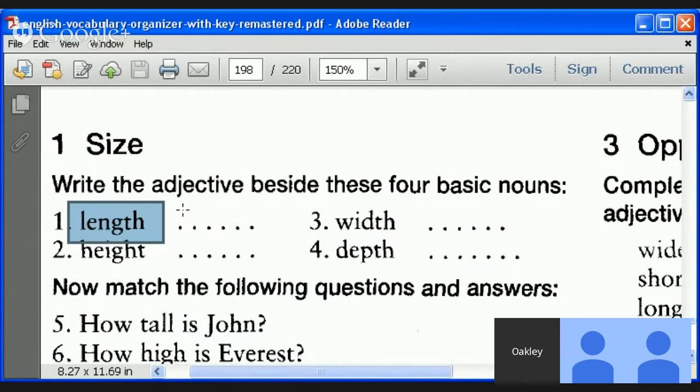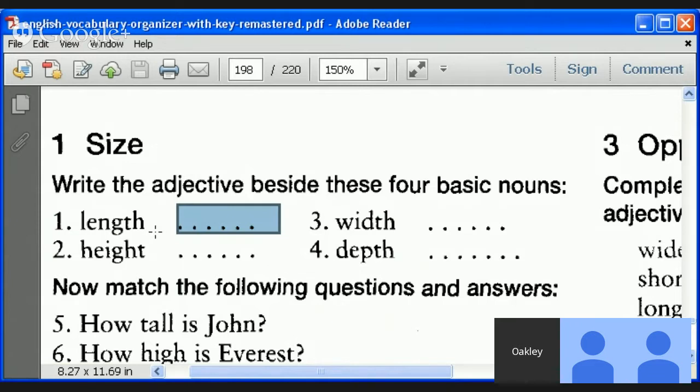Length? Yes. What is the adjective form? Length is the noun. So what does length describe? What is length talking about? Maybe the large? No, not exactly. Although something that has length may be large.